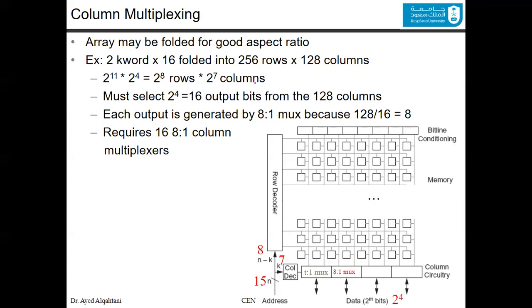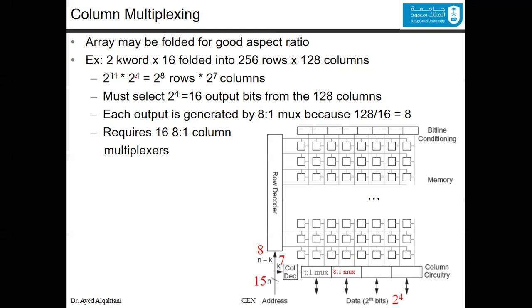So we will fold this into 256 rows and 128 columns. The way we did that is actually 2 to the power 11, since we said 2k words. So that's 2 to the power of 11 times 2 to the power of 4, since we said that the output is 16 outputs. Now, if you multiply both of them, you add the exponents. So 11 and 4 is 15.